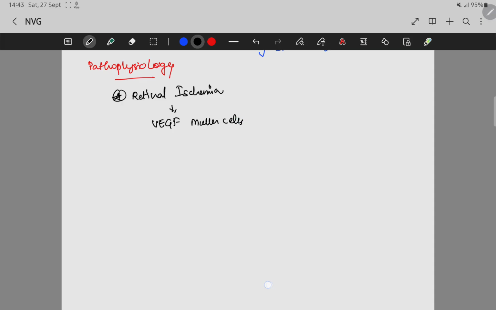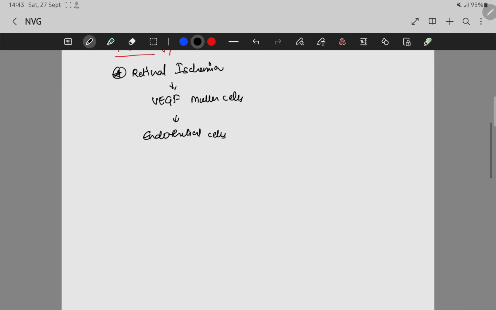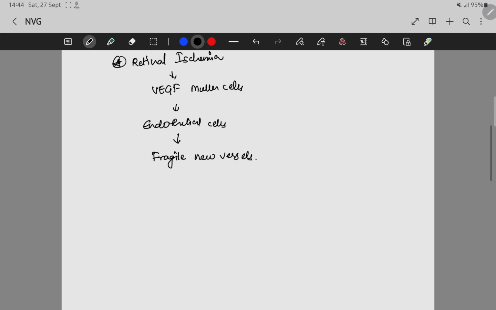This VEGF acts upon endothelial cells and forms fragile new vessels.